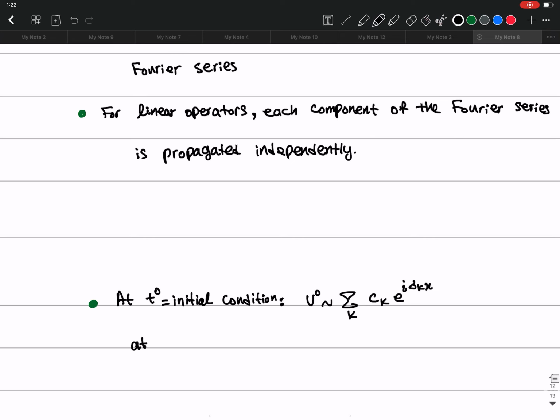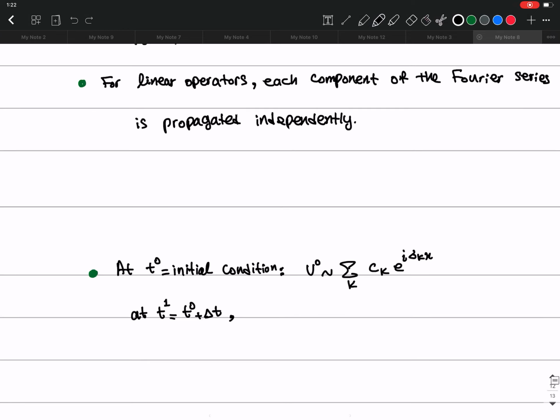Then at t1, which equals t0 plus delta t, u1 can be represented as sigma k dk e^(i sigma k x).